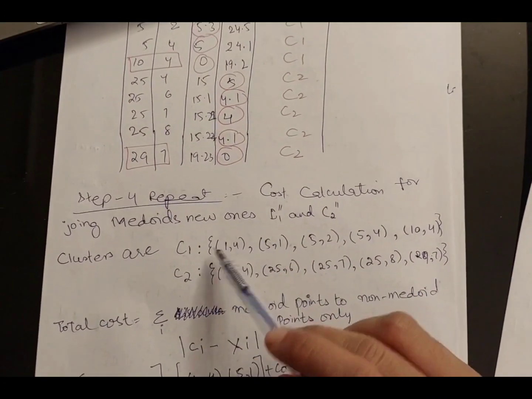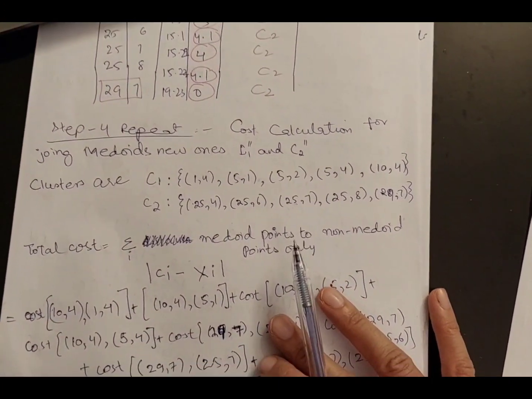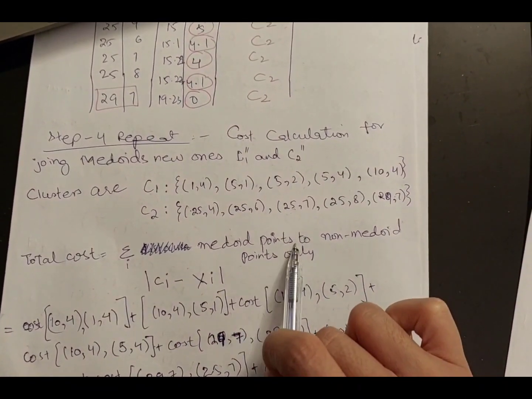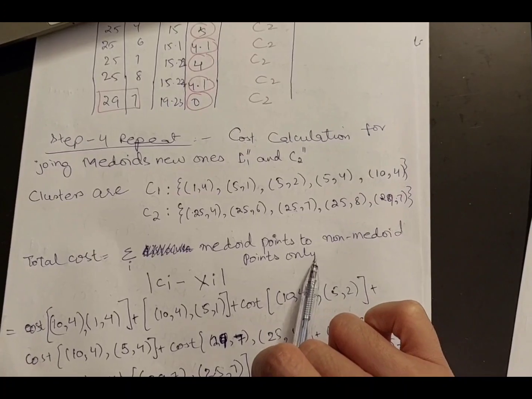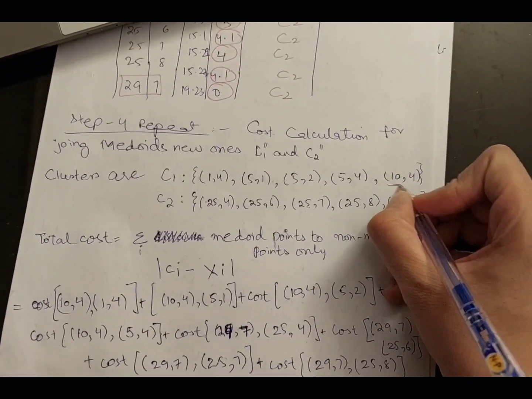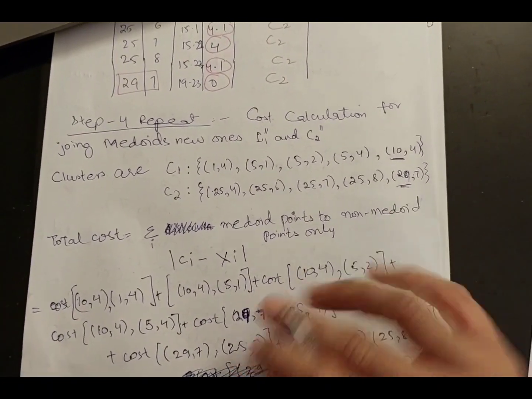And then once we have made these clusters, we will calculate the cost, and the formula of cost calculation is again the same, the medoid points to non-medoid points only. So you know that here you have this point as medoid point and this point as medoid point.